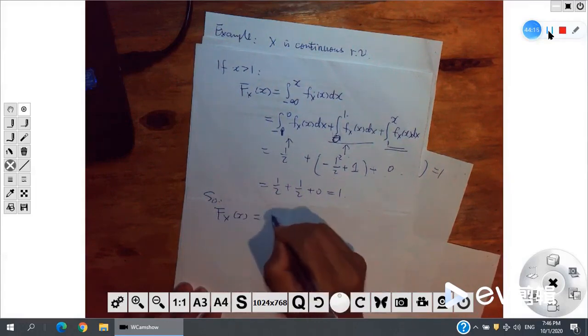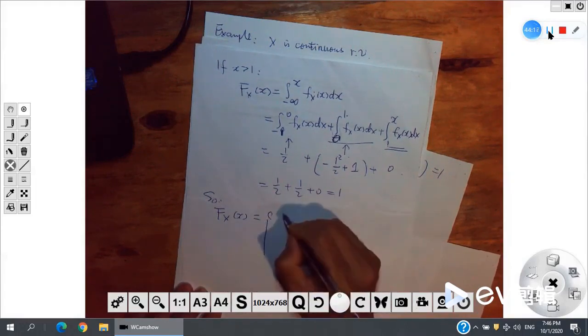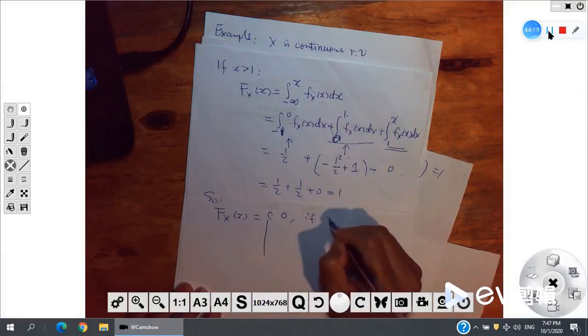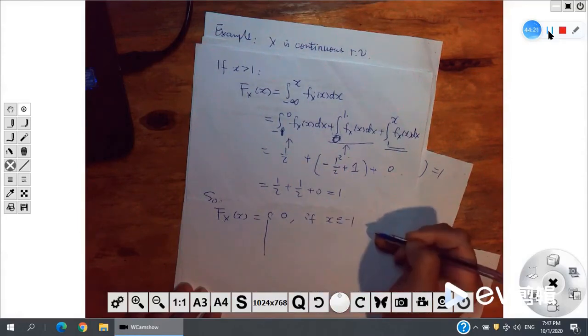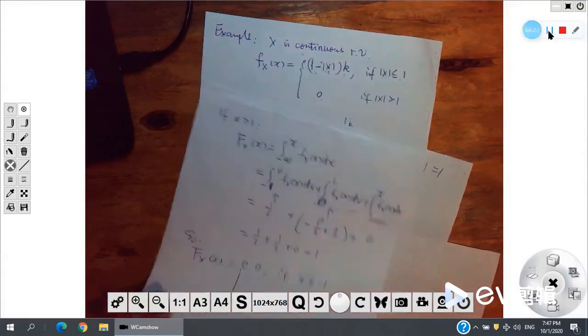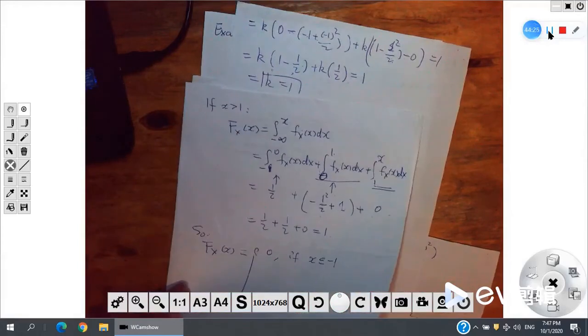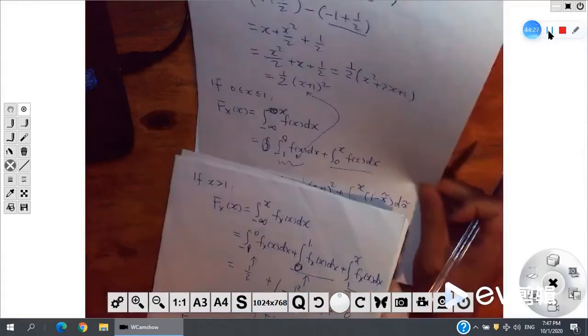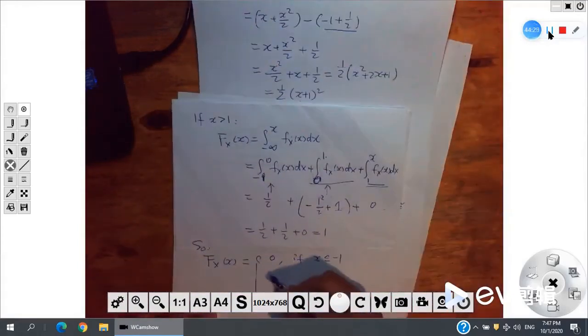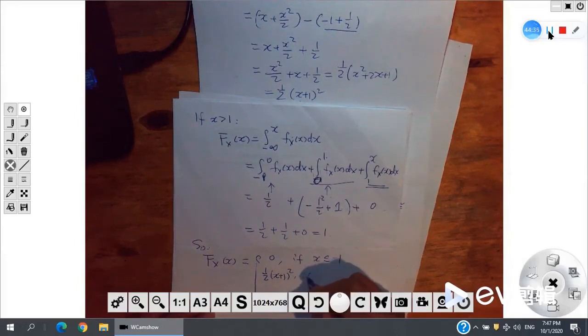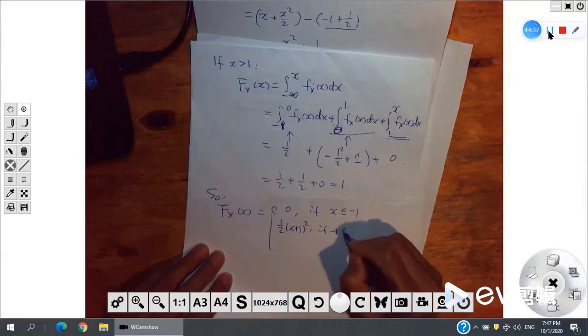We have several cases. 0, if x is smaller than -1. Then it is, between -1 and 0, this one: 1/2 times (x + 1) squared if x is between -1 and 0.